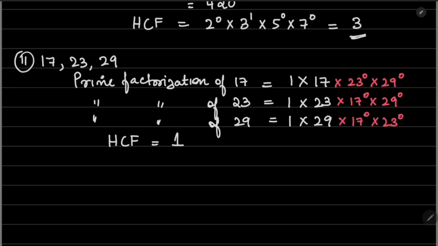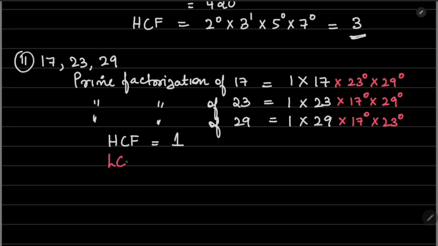You add these so that all the factors are common across the 3 numbers. So the lowest power gives just 1.